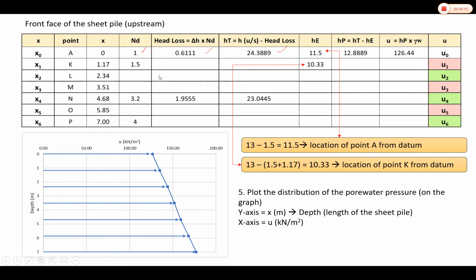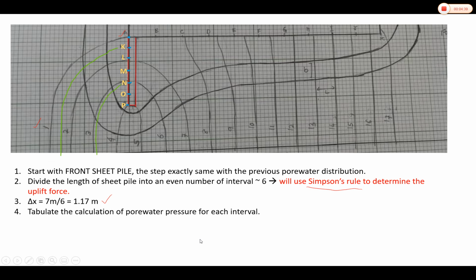And then for example at point K, how we get the HE, the elevation, is 13 minus 1.5 plus the distance 1.17. So we will have the location of point K from datum as 10.33. Okay, so we know that each gap is 1.17.